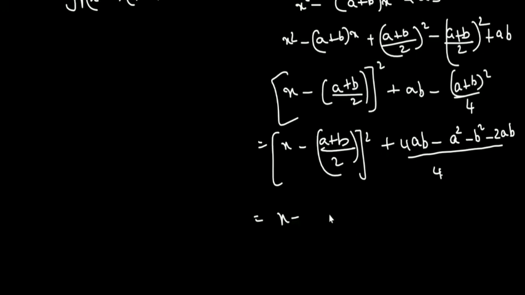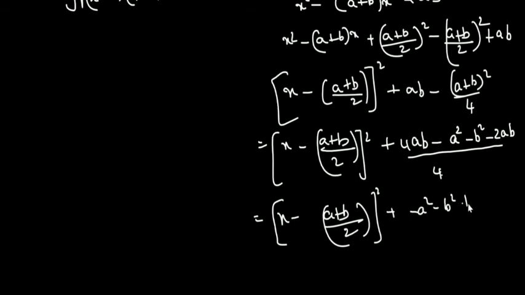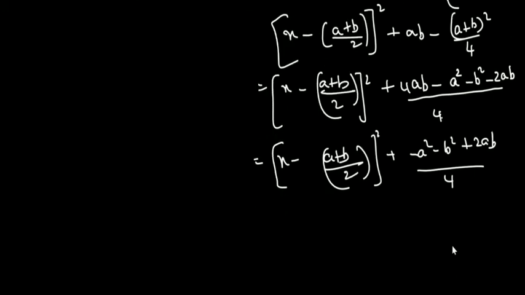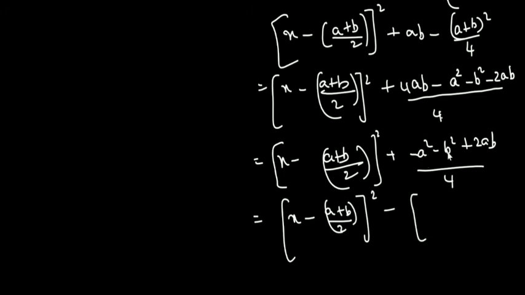x minus (a plus b)/2 the whole square, minus a square minus b square plus 2ab. So we can write this as x minus (a plus b)/2 the whole square. We got the minus outside, so you can write this as a square plus b square minus 2ab, which becomes (a minus b) the whole square by 2 square.